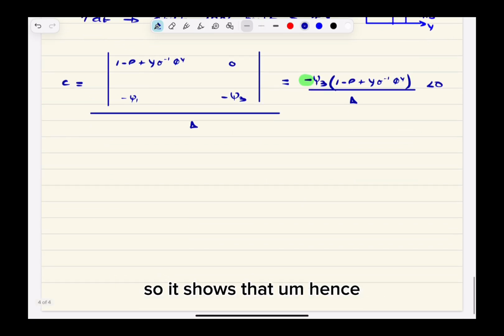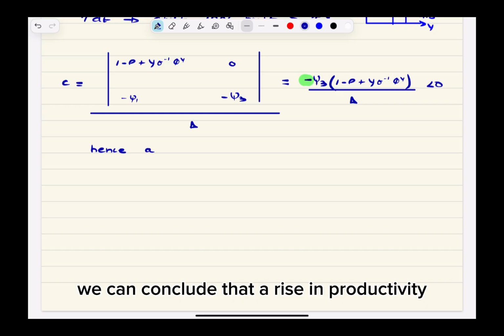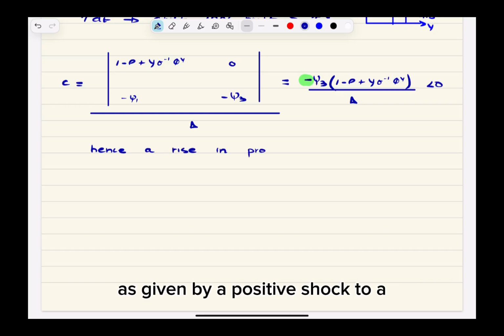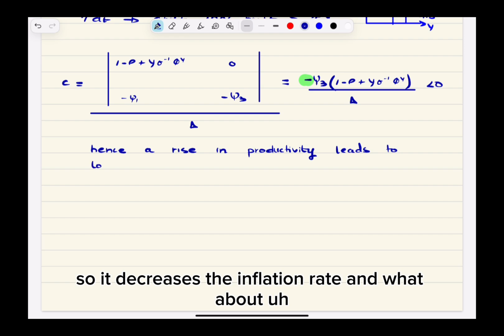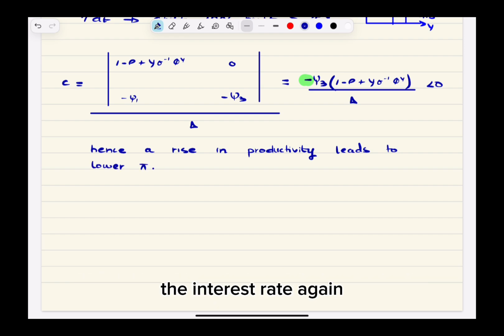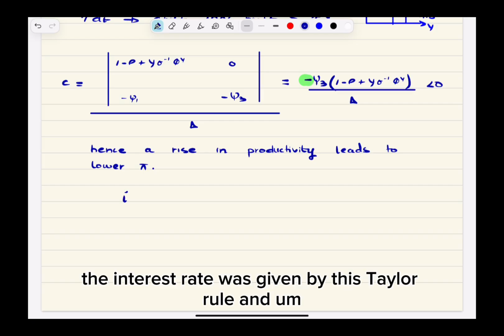So hence we can conclude that a rise in productivity as given by a positive shock to A leads to lower inflation. So it decreases the inflation rate. And what about the interest rate? Again, the interest rate was given by this Taylor rule.